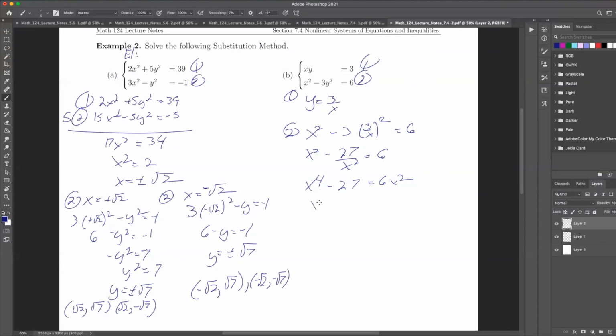Move everything to one side, so I have x to the 4th minus 6x squared minus 27 equals 0. Here we're going to use the trick where u equals x squared. So I have u squared minus 6u minus 27 equals 0.